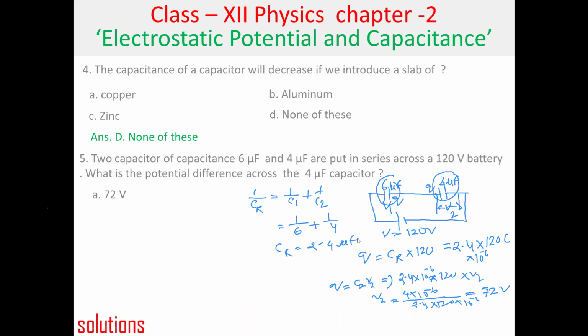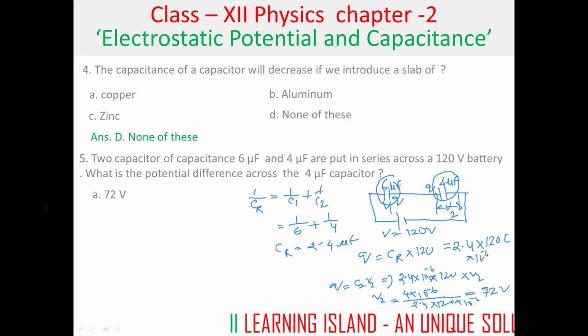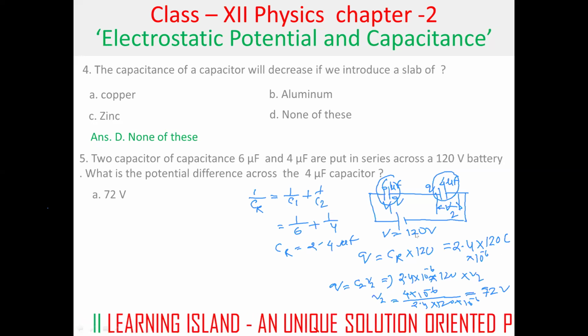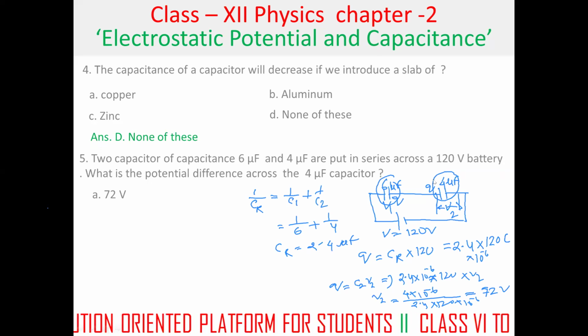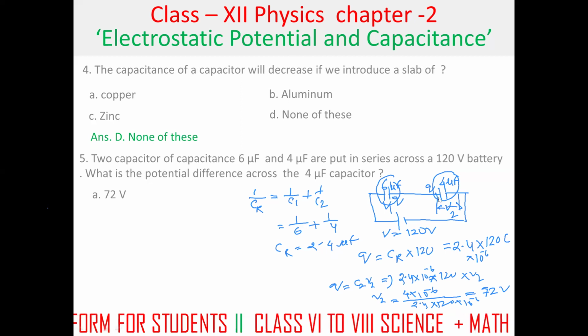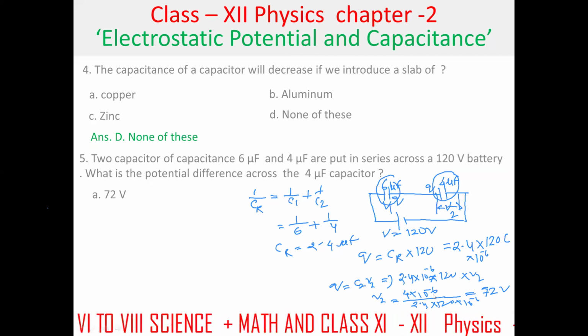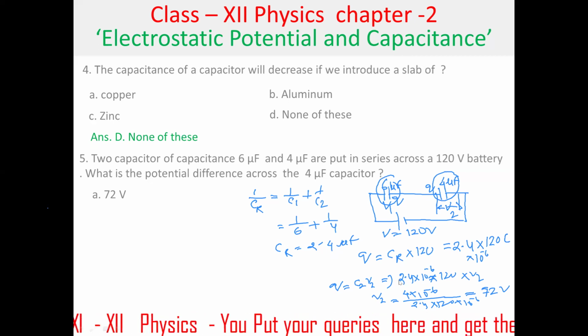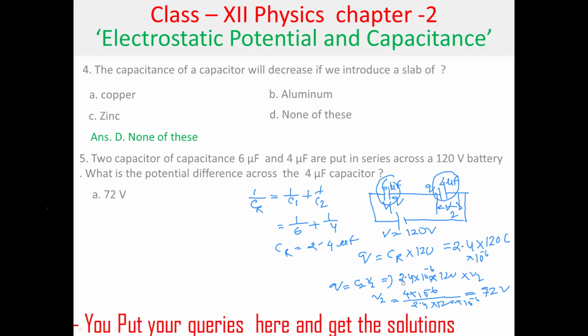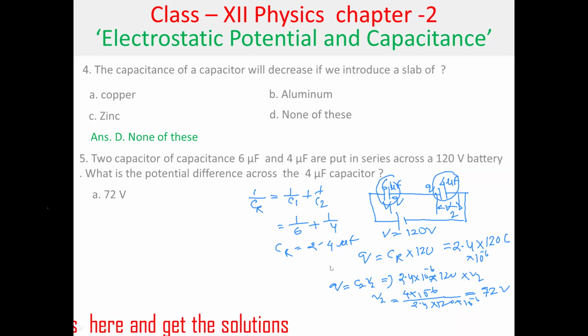After that, we found the charge Q in coulomb. Then again we used Q equal to C2 V2 for the 4 microfarad capacitance, and then we found this. Okay, hope it is clear to you. Then proceed for the second question.